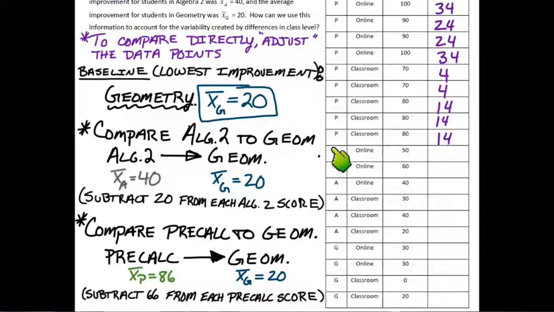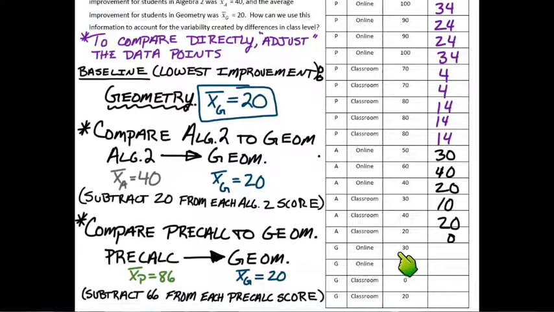And then the next group here has A, so that's the Algebra 2 kids. So we said we're going to subtract 20 from each of their scores. So 30, 40, 20, 10, 20, and 10. And by 10 I mean 0 for this kid right there. And then the last group, geometry.